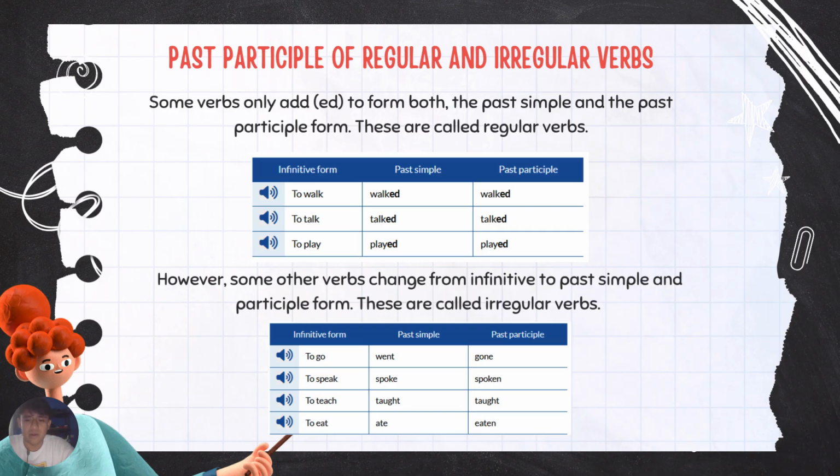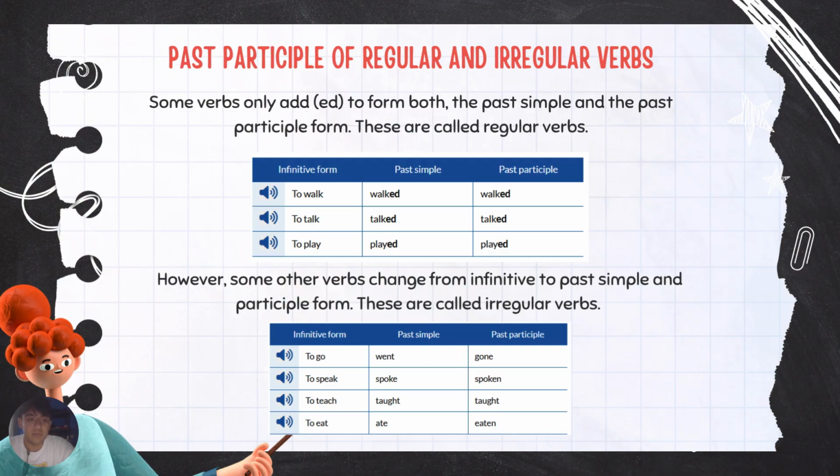For regular verbs, we just add ed, but for irregulars, the form changes. Like go, go becomes gone. I can say I have just moved to another city, or I've never seen a hurricane.